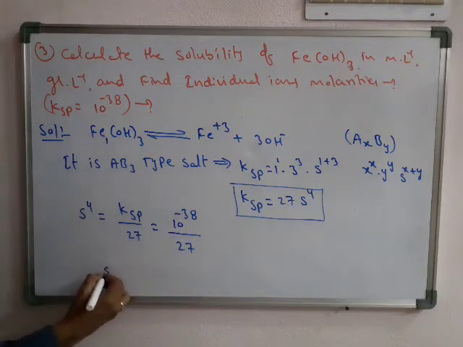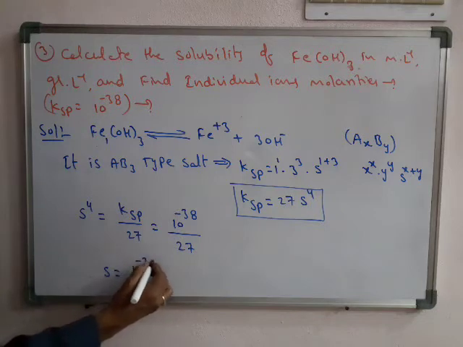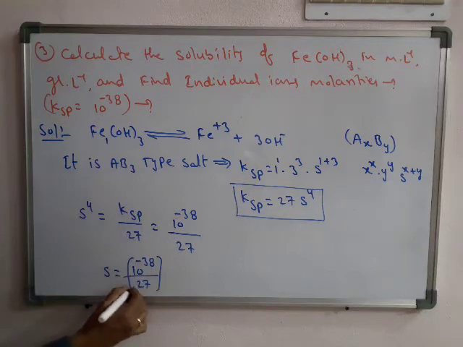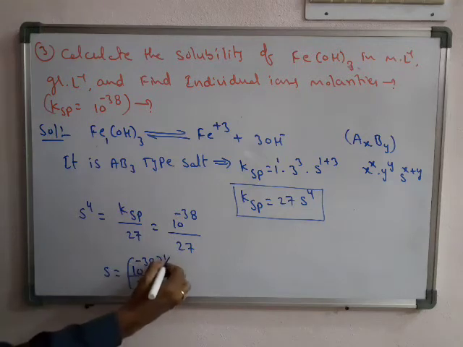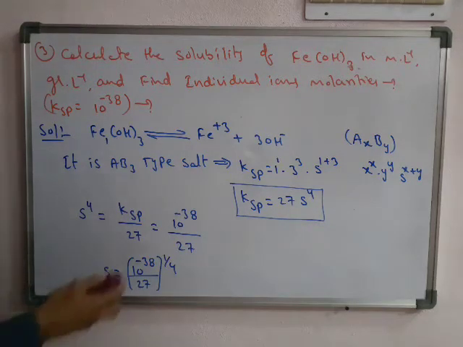So what is s? s is the fourth root of 10^-38 by 27, which means the whole thing to the power 1 by 4. Fourth root means whole power 1 by 4 on this overall calculation.